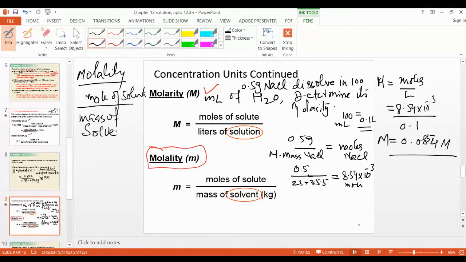Remember that, not the solution, in kilogram. This is the main thing. Moles of the solute is okay, but the mass of the solvent must be in kilogram. Whatever mass you have, divide by 1000 and you will get kilogram.